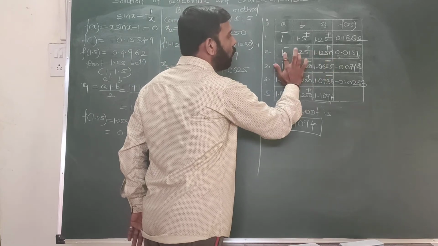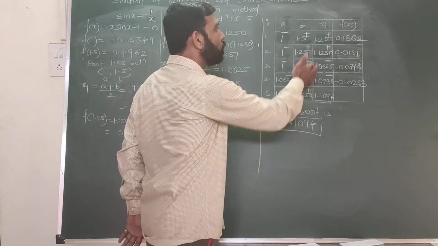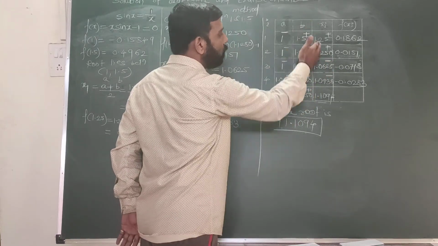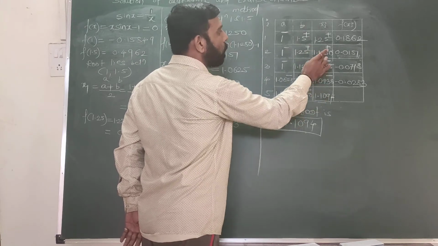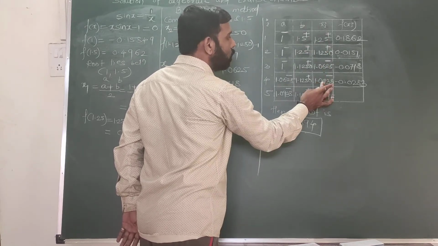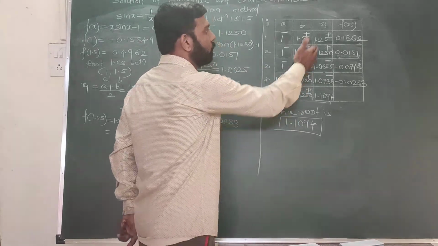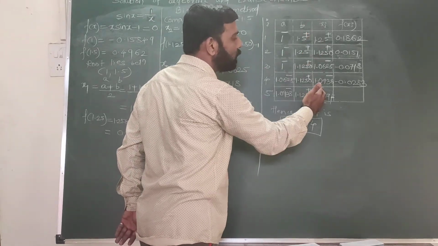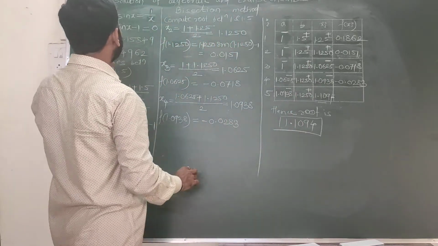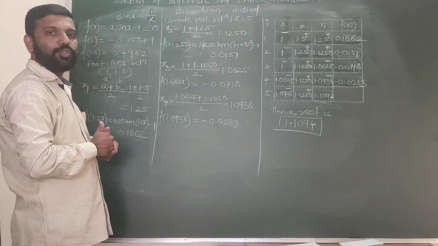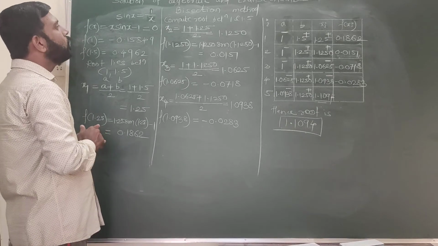It should not be outside of this interval. So this is our conclusion. We can verify our answer like this. Each value of this column must belong to the corresponding interval. Then the answer is correct. So the last value is the desired root of the given equation.